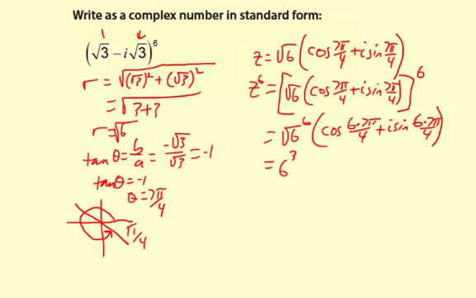And over here, 6 times 7 is 42, then divided by 4, which reduces by 2 to make 21 halves. So it's going to be times cosine of 21 pi over 2 plus i sine of 21 pi over 2.